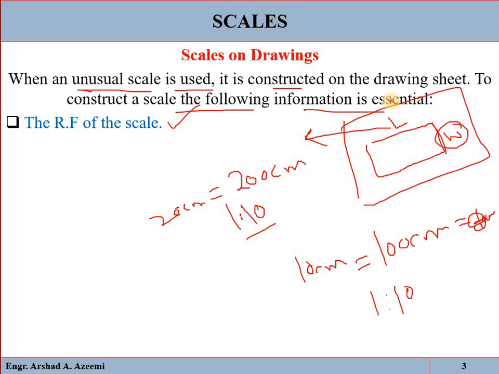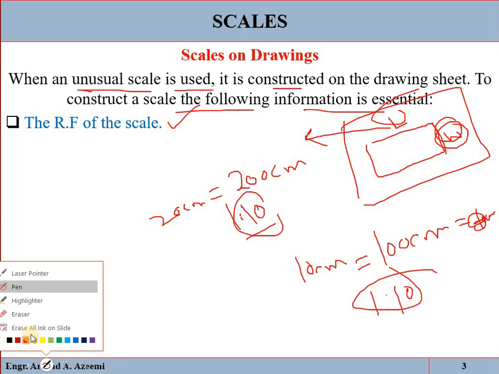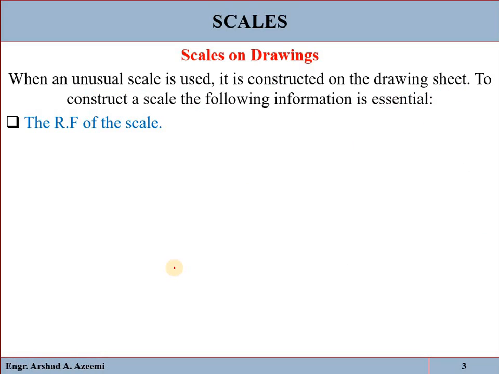So the length and width are equally reduced. Whenever you draw objects in either an enlarged or reduced scale, each and every dimension is changed by a constant proportion.